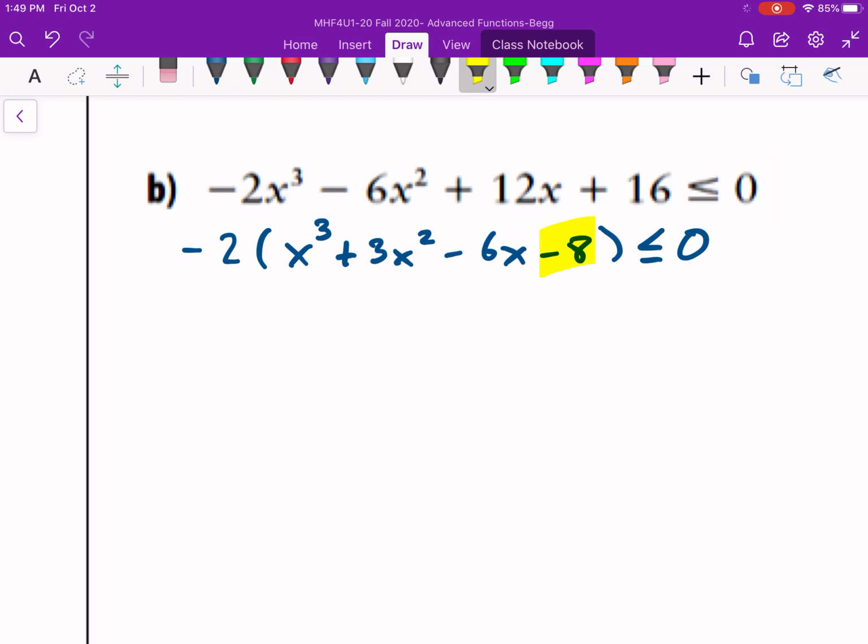So 1, 2, 4, and 8, plus or minus for each of them. And just to save a little time, I know that 1 doesn't work, but when I put -1 into the equation, it does end up equaling 0. You can confirm that for yourself, but I know that x plus 1 is going to be a factor.